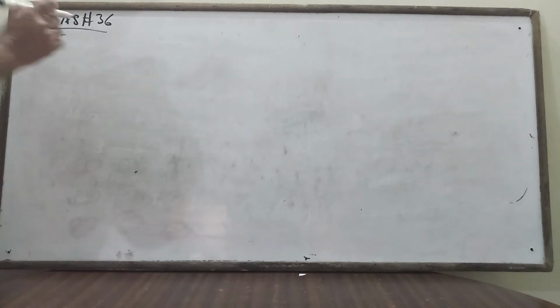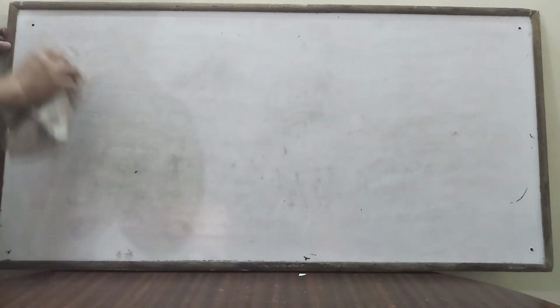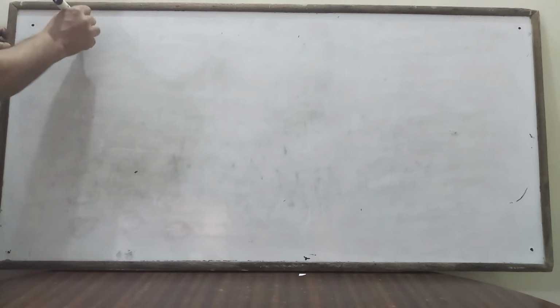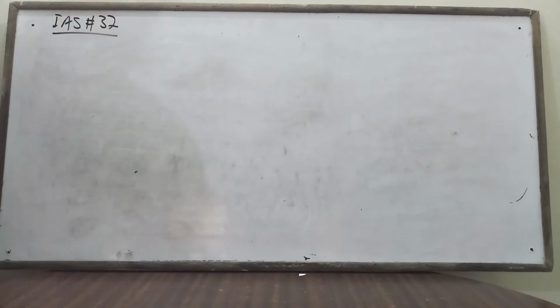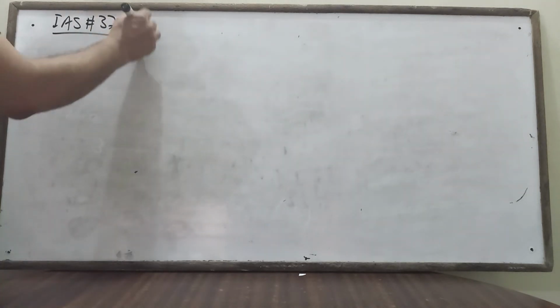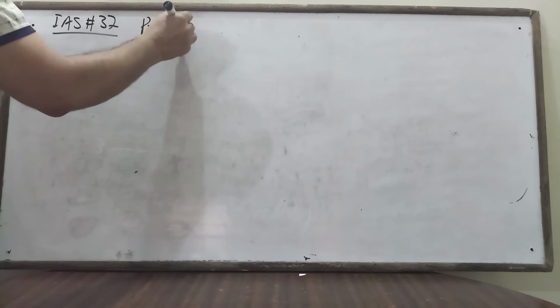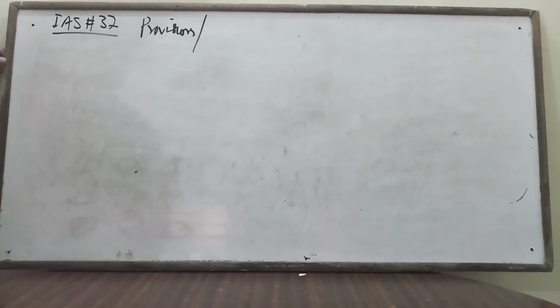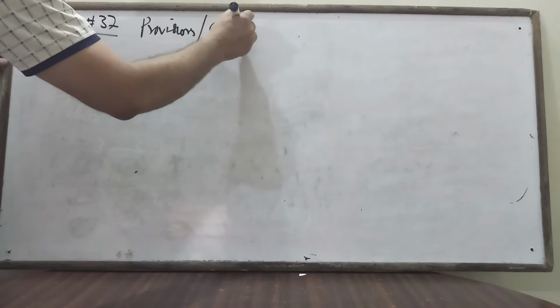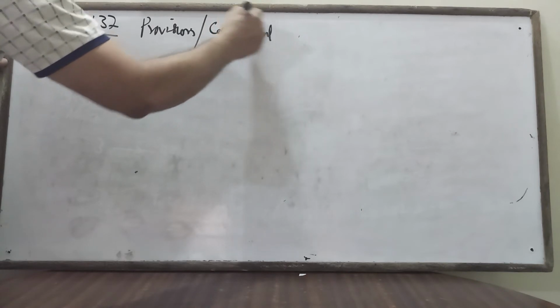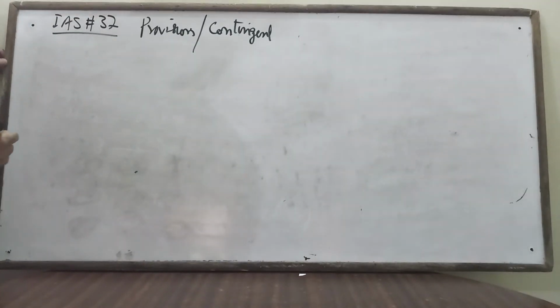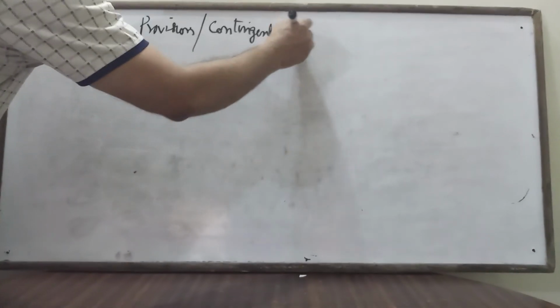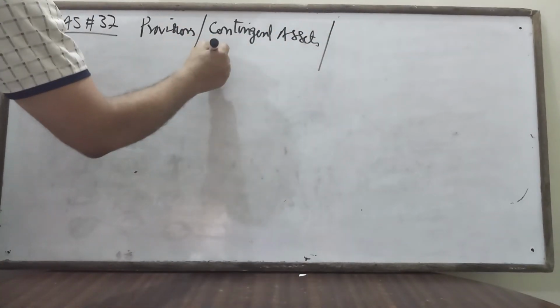Now IAS 37. Now coming to IAS 37. IAS number 37. Okay. IAS 37 says the provision, contingent provision, contingent assets and contingent liability.